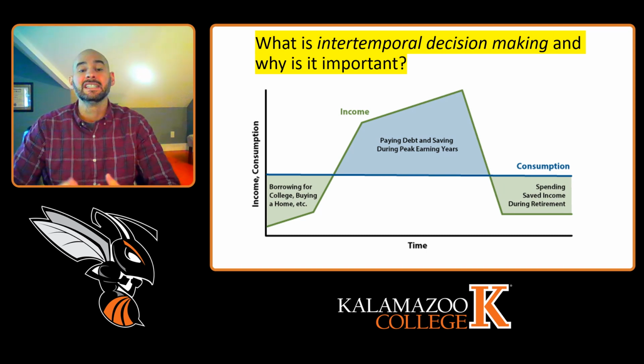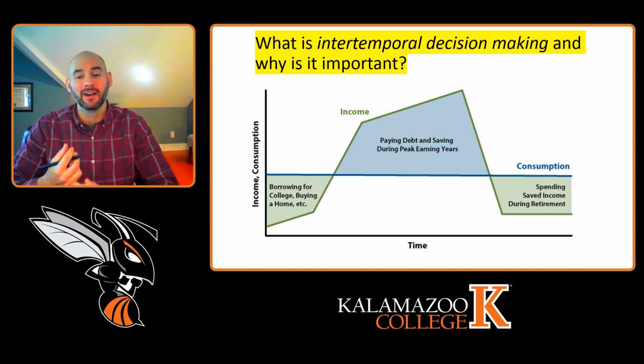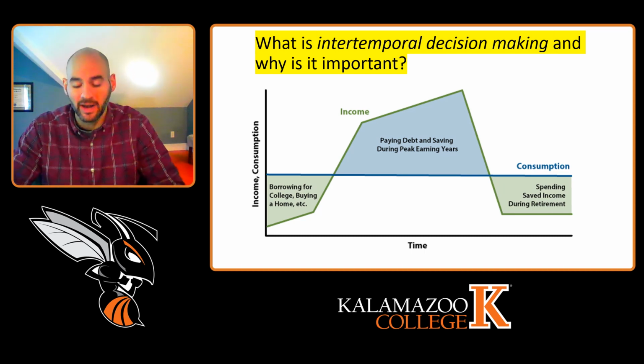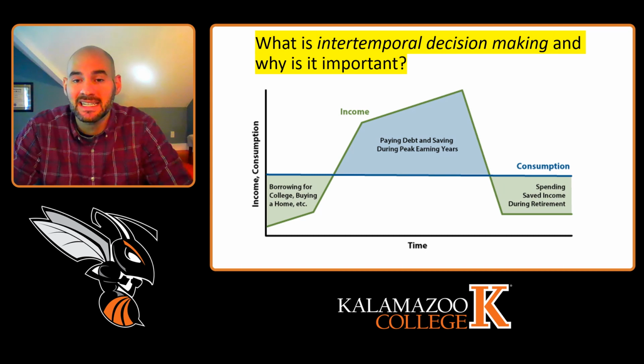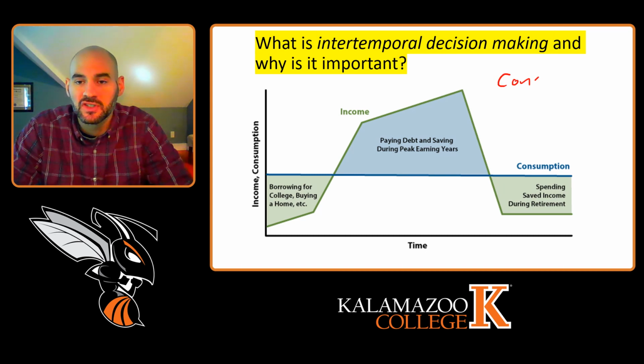However, our consumption needs really don't change too much. We still need to pay for housing, we still need to pay for food, and we need to be able to pay for things which make us happy, right? Our entertainment and our consumption. So what this curve is going to suggest is what we call consumption smoothing.